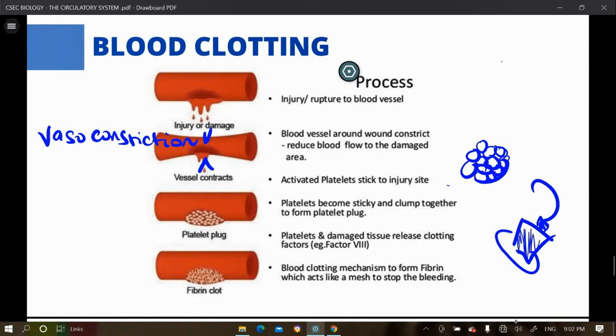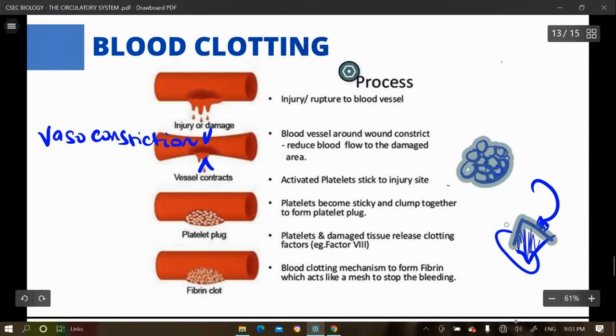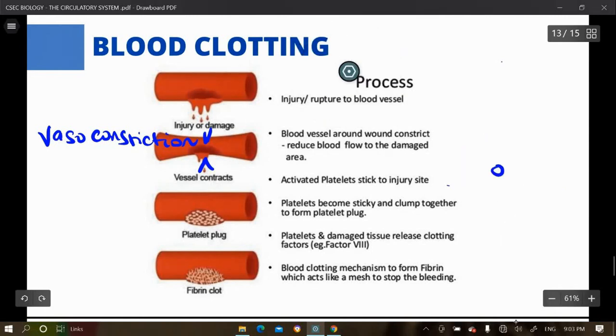Platelets will stick together or clump together and use that to form a plug that will block the blood from flowing through the damaged area anymore. So that's number one, stop the bleeding. Now, platelets and the damaged tissue will release things called clotting factors, and you don't need to know all of them, but you should know, I think, these.